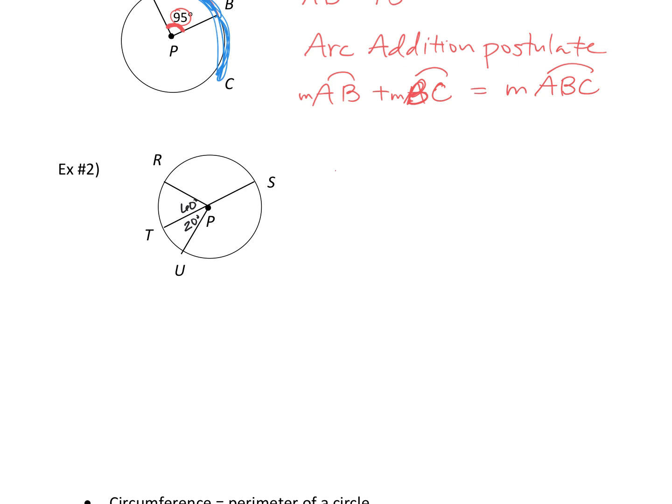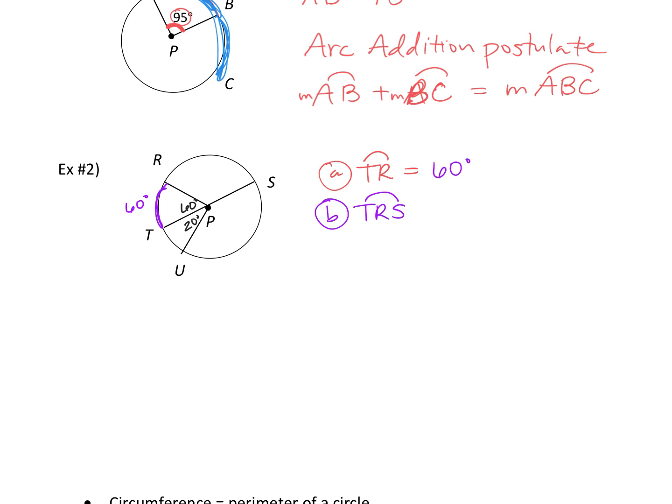If I ask you to find arc TR, can anyone tell me the measure of that arc? 60. A central angle equals its arc. So this would be 60 degrees. What if I asked for arc TRS?